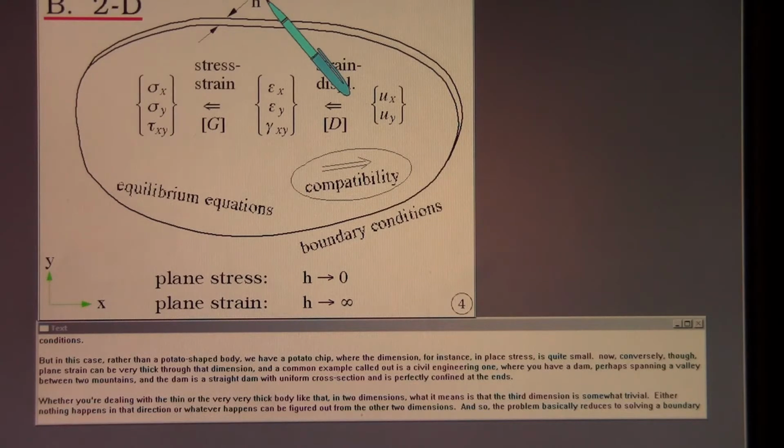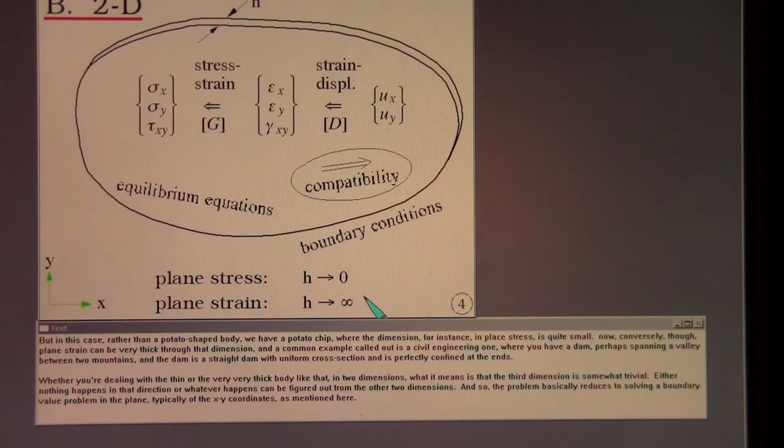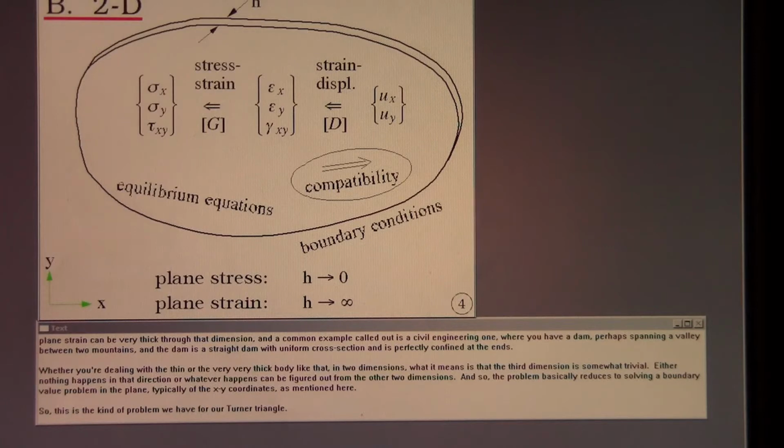Now, conversely though, plane strain can be very thick through that dimension, and a common example called out is a civil engineering one where you have a dam perhaps spanning a valley between 2 mountains, and the dam is a straight dam with uniform cross-section and it's perfectly confined at the ends. Whether you're dealing with the thin or the very, very thick body like that, in 2 dimensions, what it means is that the third dimension is somewhat trivial.